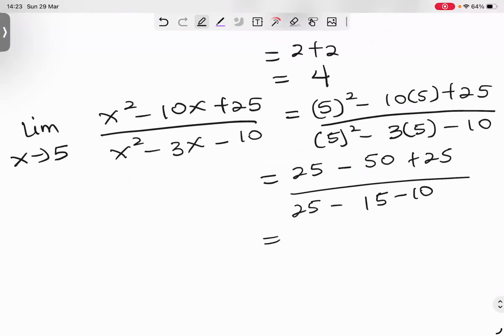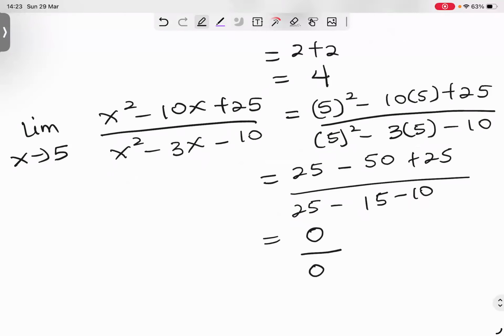So we have 25 minus 50 plus 25, that will be 0. Divided by 25 minus 15, that will be 10, then 10 minus 10 will also be 0. So the denominator is also equal to 0.